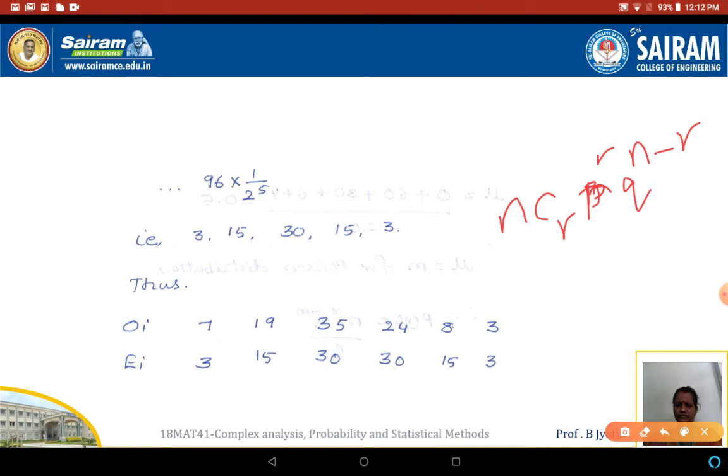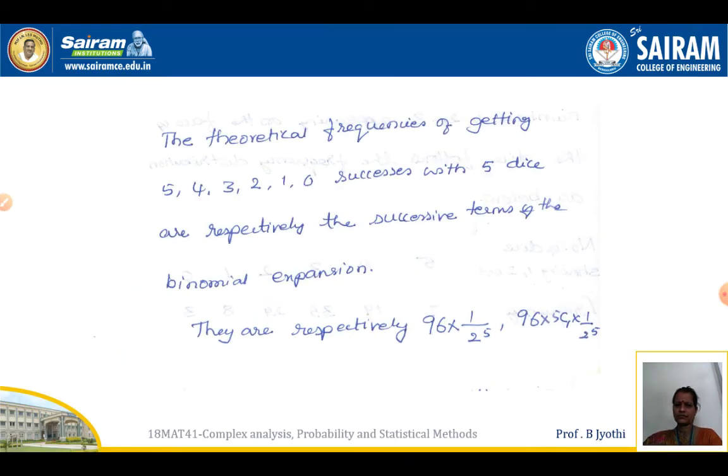Here 96 is multiplied because 96 is the number of times it has been done. So when we do that, we will be getting respectively 3, 15, 30, etc.